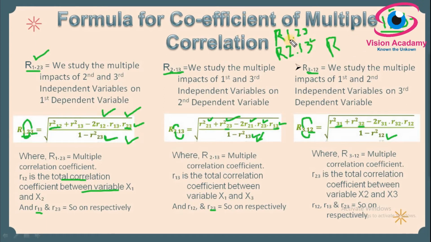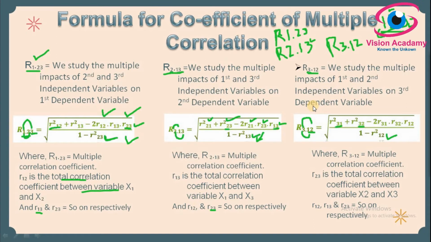We have used 1 and 2 already as dependent variables, and the remaining is only 3, so R3 point. Then how to use 1 2? It does not matter in case of multiple correlation coefficient whether it is 1 2 or 2 1, we have 1 2. In this way we have formulated R1.23, R2.13 and R3.12.